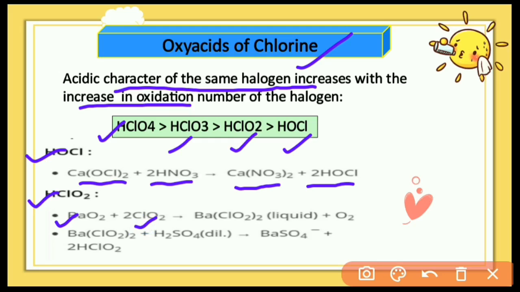It forms barium dioxychlorite with oxygen, and it can also form by barium chlorite Ba(ClO2)2 reacting with dilute sulfuric acid. It forms barium sulfate and chlorous acid.